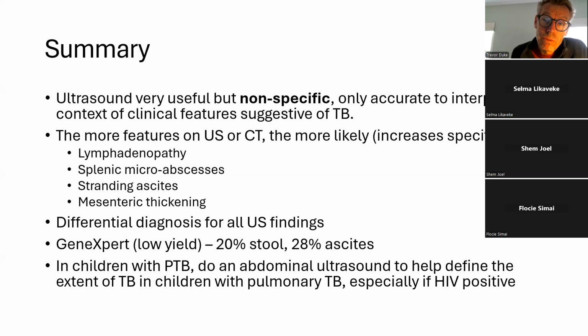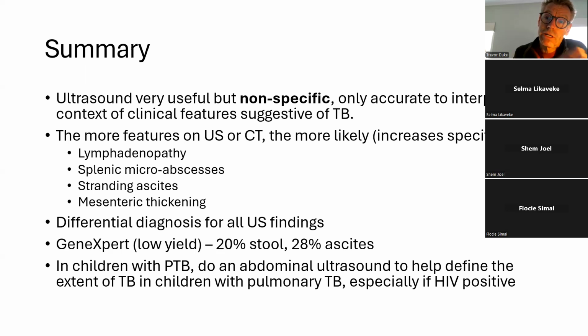And in children with pulmonary TB, I think it's quite useful to do an abdominal ultrasound just to see if they've got any ultrasound features of abdominal TB, because that can have an implication for whether the child's just got pulmonary TB or they've got pulmonary and extrapulmonary TB, and that can have implications for their risk, the duration of their therapy, their risk of multi-drug resistant TB, their likelihood of having ongoing chronic malnutrition or malabsorption, etc.